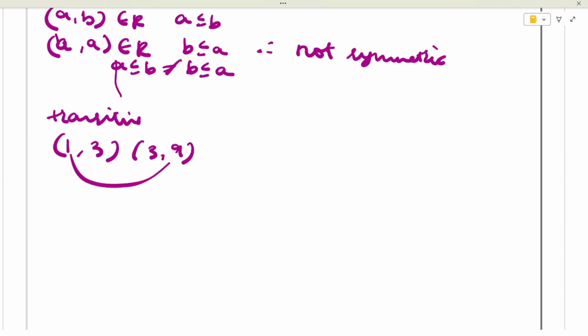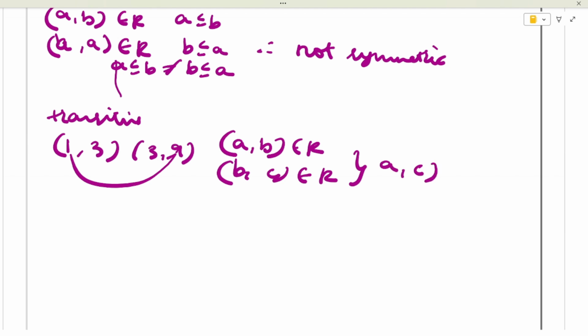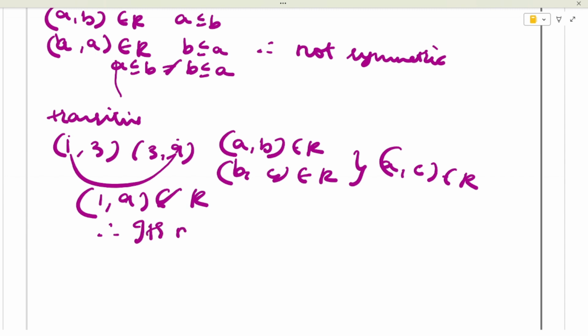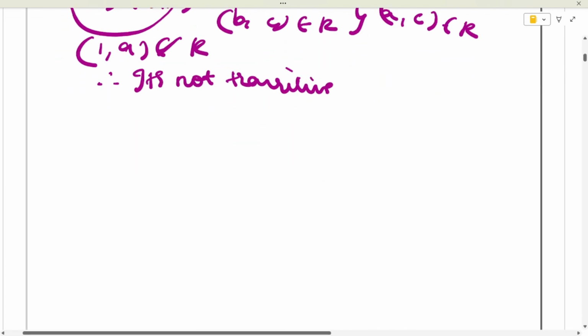What is transitive? If AB belongs to R and BC belongs to R, then AC should also belong to R. See here AC, that is 1 comma 9, is not belonging to R. So therefore you can say that it is not transitive. You can show all the 3 steps: it is not reflexive, not symmetric, not transitive.